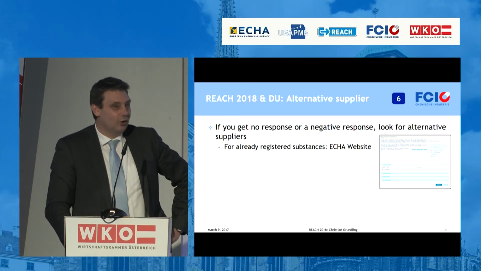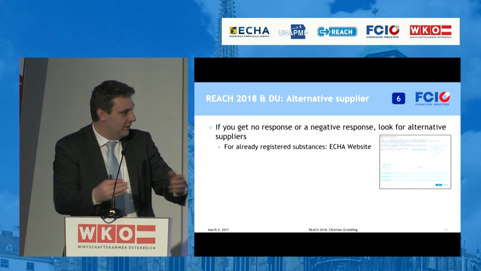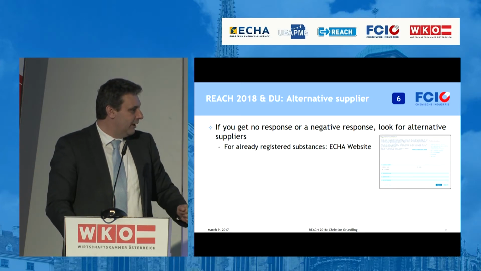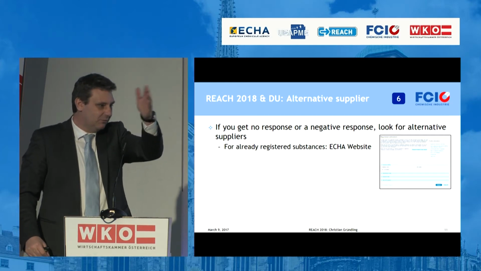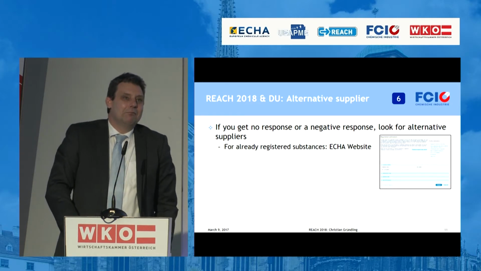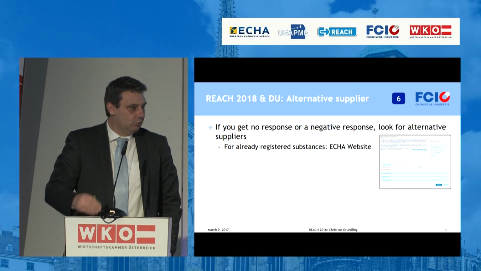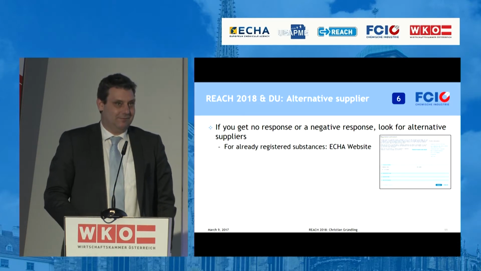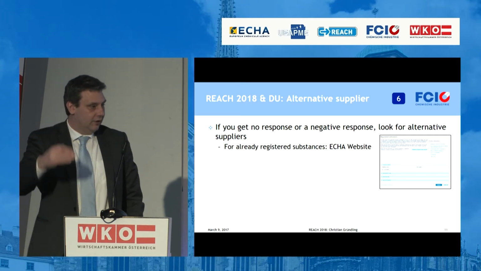Okay, everything goes wrong. You contacted your supplier, and this is what we heard with the CIF already, 50% will not answer. I guess that ratio will be pretty much the same with the suppliers. They don't tell you that they are going to register, or they tell you, no, I'm not going to register. What can I do? I can look for alternative suppliers.